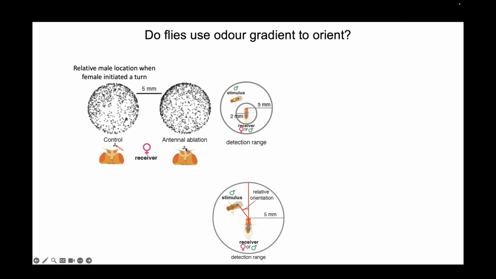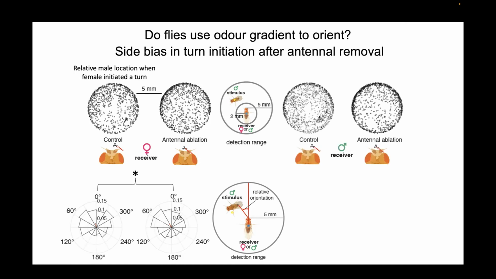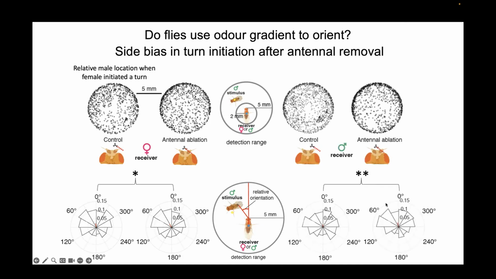But when we remove one antenna, we start to see a bias towards the side of the intact antenna, which was significant. So the females do use the gradient between the left and right to orient in space. And if you remove one antenna, they get this side bias. And this was true both for males and females. So also for males, ablating one antenna led to a side bias.